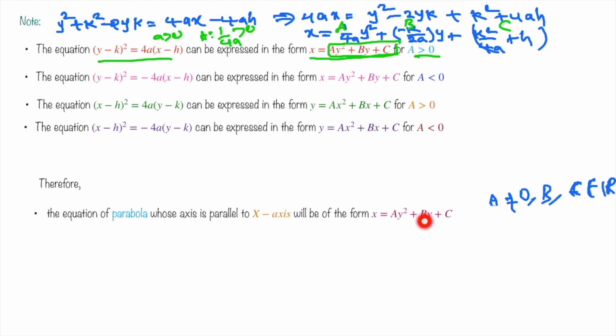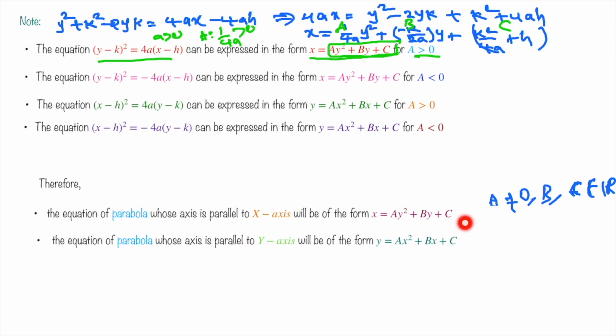If a is negative, this parabola will open to the left side. Next, the equation of the parabola whose axis is parallel to the y-axis will be in this form: y equal to ax square plus bx plus c. Again here a, b, c are real numbers, a non-zero. Again, if a is positive, this parabola will open upward, and if a is negative, this parabola will open downward. Okay, fine.